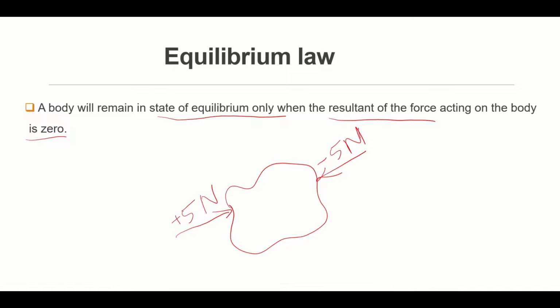Suppose again if I am just giving an additional force 3 Newton, and here I am just giving 6 Newton. Definitely what happens? Now the body is not in equilibrium. So equilibrium law states that a body will remain in state of equilibrium only when resultant of the forces, net effect of the forces acting on the body should be zero. Okay.